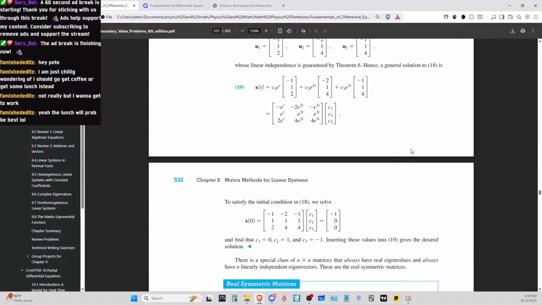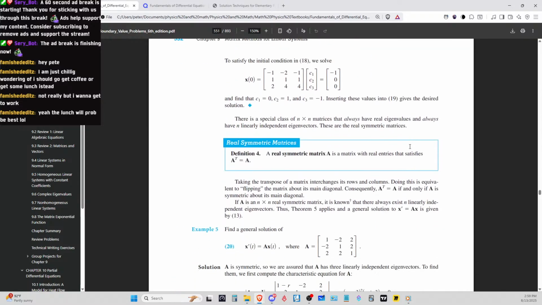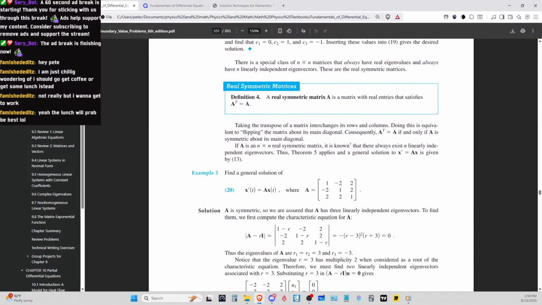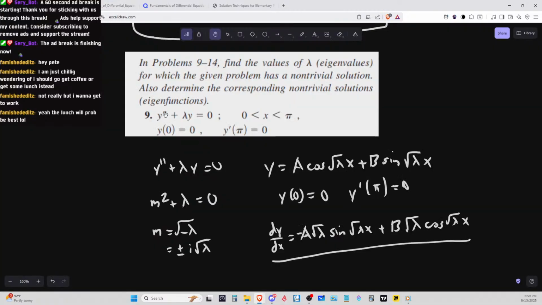Now the question is, how do I do this for a differential equation? Because we got this, and now we have to figure out what the eigenvector is in this one.